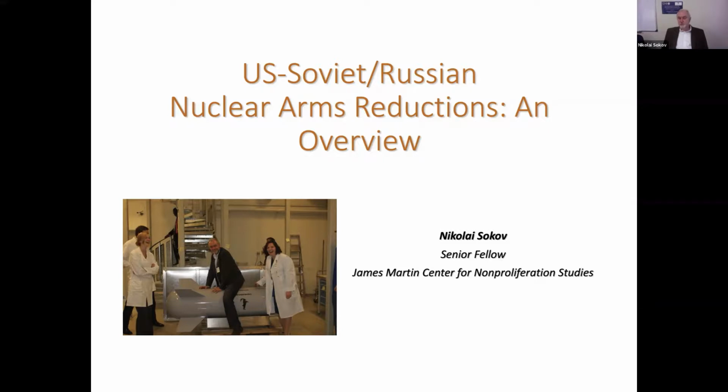At the same time, we need to understand that arms control is not the same as arms reductions, I'm sorry, not the same as nuclear disarmament. Arms control is activity that's primarily intended to prevent nuclear war, to stabilize the nuclear relationship between the two countries, to make sure that war does not start.